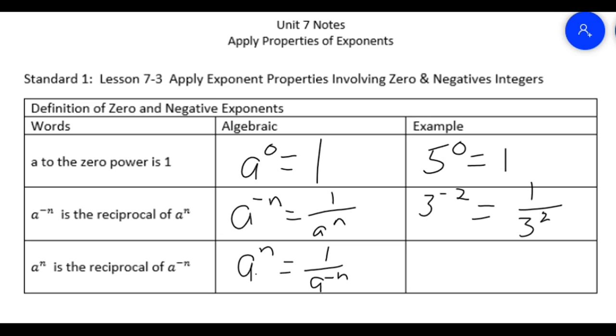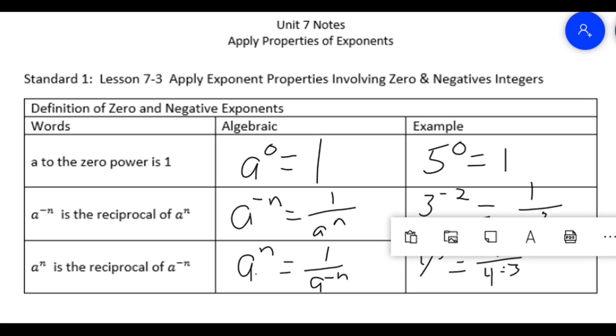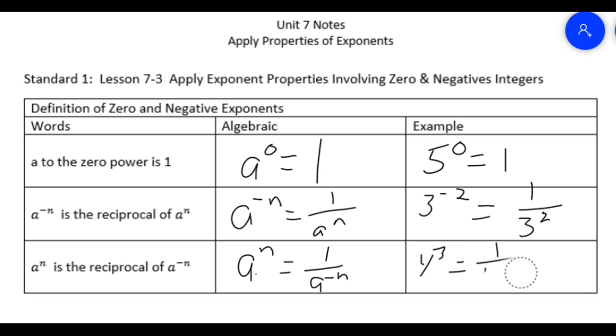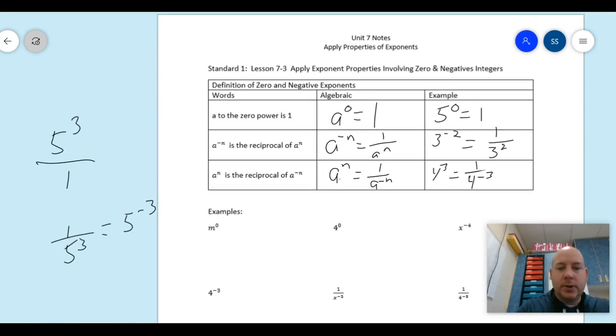Like 4 to the 3rd is equal to 1 over 4 to the negative 3rd. Those two are just kind of the opposite of each other.